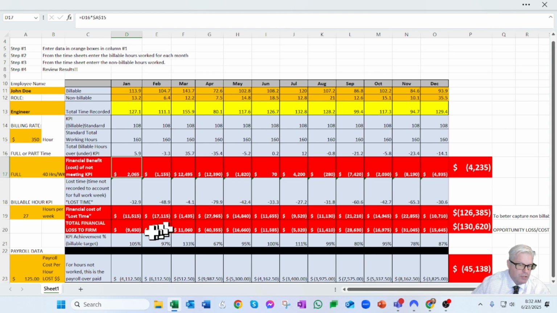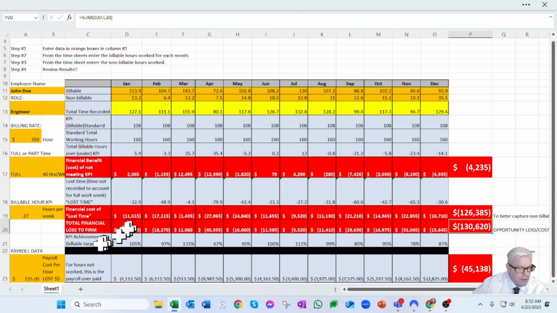And the net of those two is a $9,450 loss in the month of January. And as you can see, when we extend these values out throughout the course of the year, and again, this is one fact pattern, yours could be very different, but in this one, it's fairly significant. We're talking about $130,000. That's enough to get most people's attention to try to make improvement in their business.